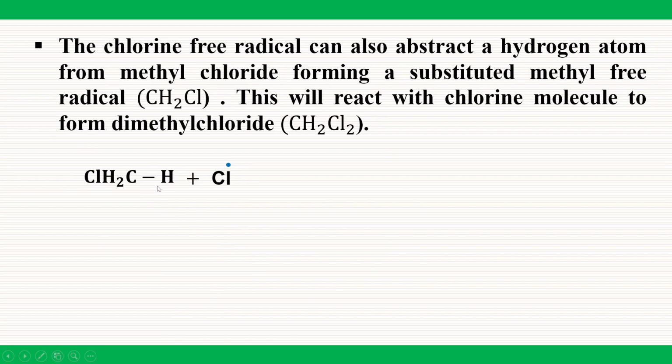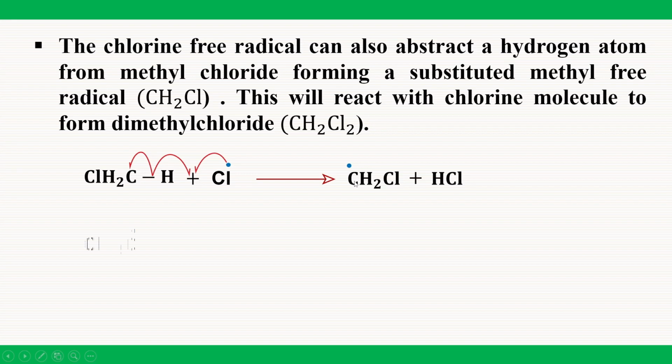As a result, this CH bond is broken homolytically, like this. Homolysis of this CH bond occurs. The result is one CH2Cl free radical, and this hydrogen atom removed joins with this chlorine free radical to form HCl. So these are the products: CH2Cl free radical plus HCl.